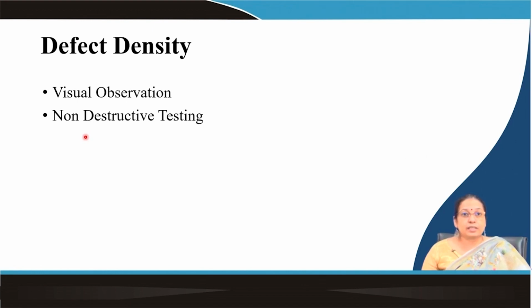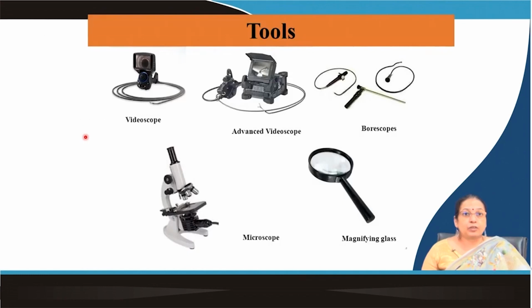Non-destructive testing has the advantage over other techniques that you can directly know the defect content of the material, or in some cases some properties of the material, without damaging the component as a whole. That is why these techniques are called non-destructive testing. Now, the tools applied for visual observation of the structure may be a magnifying glass: if a crack size is very small, you can magnify it and find it out.